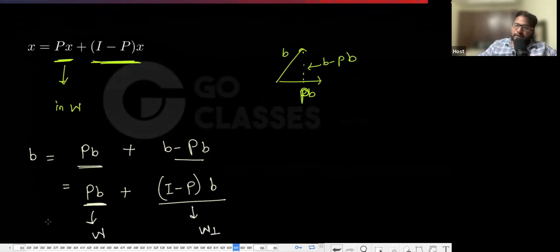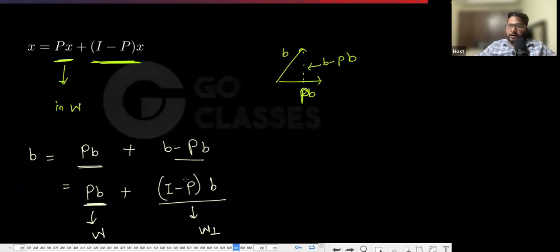Then what can I say about this matrix I minus P? If P is a matrix which is taking b and giving the projection in W, then I minus P is also the matrix which is taking b and giving you the projection of b into the space which is orthogonal to W. If P is a projection matrix giving you the projection onto W, then I minus P is also a projection matrix giving you the projection onto W orthogonal.